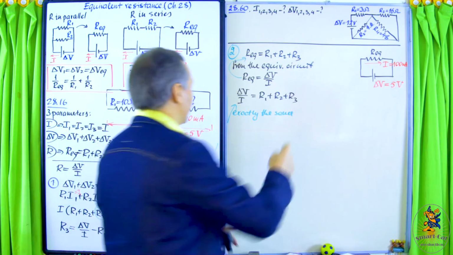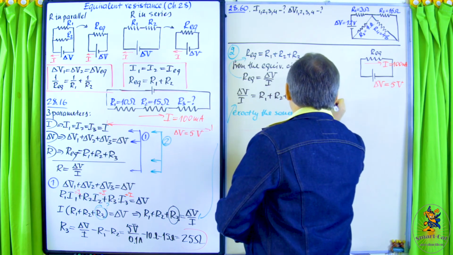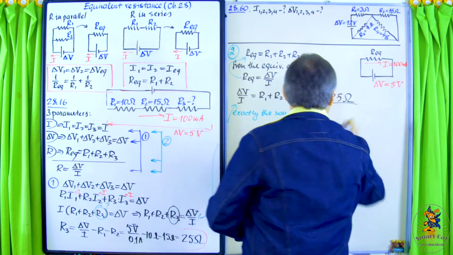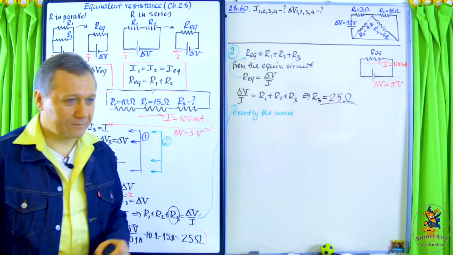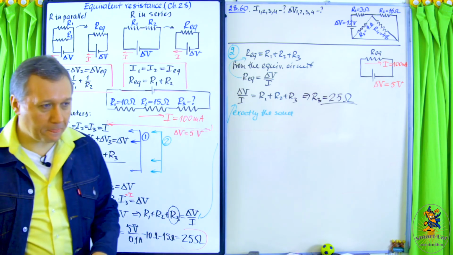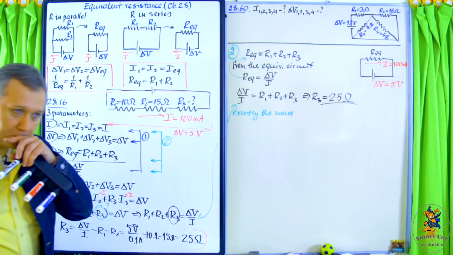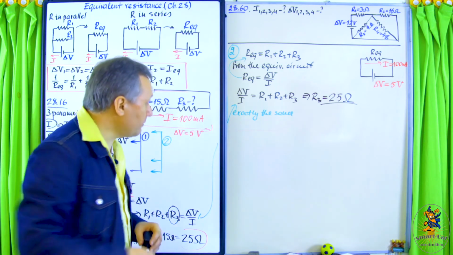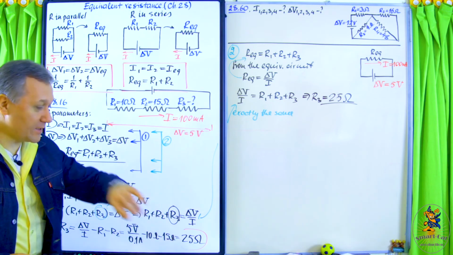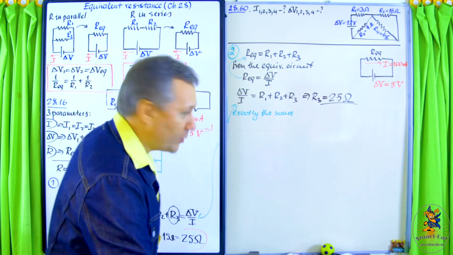From here you get R3 equals 25 ohms. That's how I would address this problem.